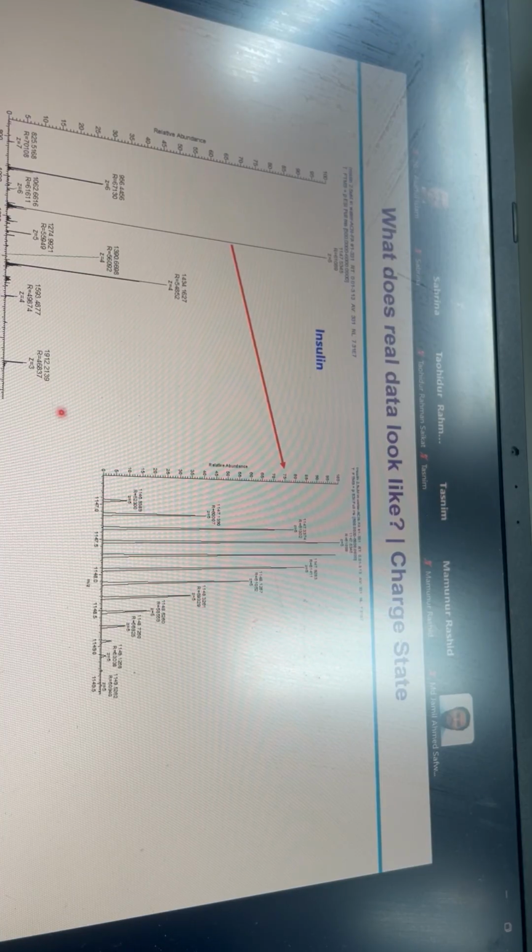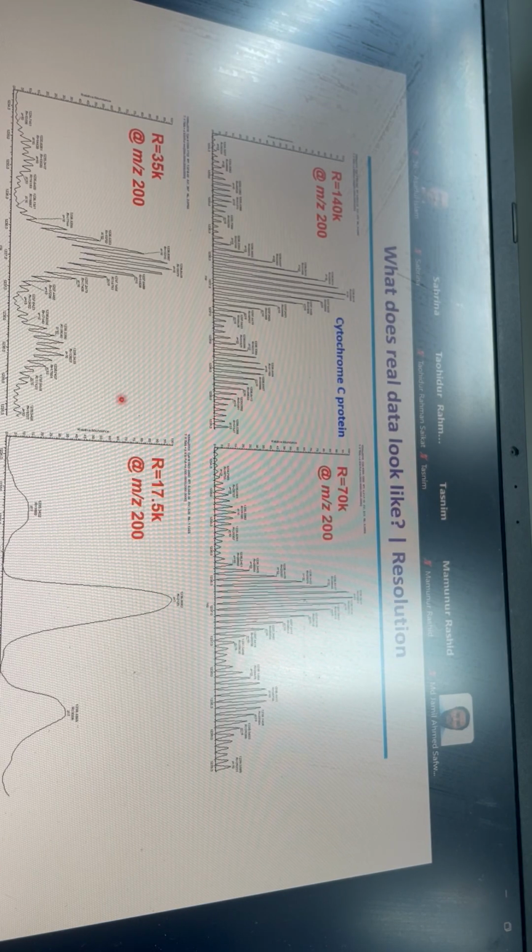Okay, so this is insulin. You see different charge states of insulin, and if you zoom out, you can see all the isotopic distribution of insulin. Isotopic distribution means hydrogen 1, hydrogen 2 meaning deuterium, carbon 12, carbon 13, carbon 14, nitrogen 14, nitrogen 15. So you can see all the isotopic distribution if you use a high resolution Orbitrap machine.